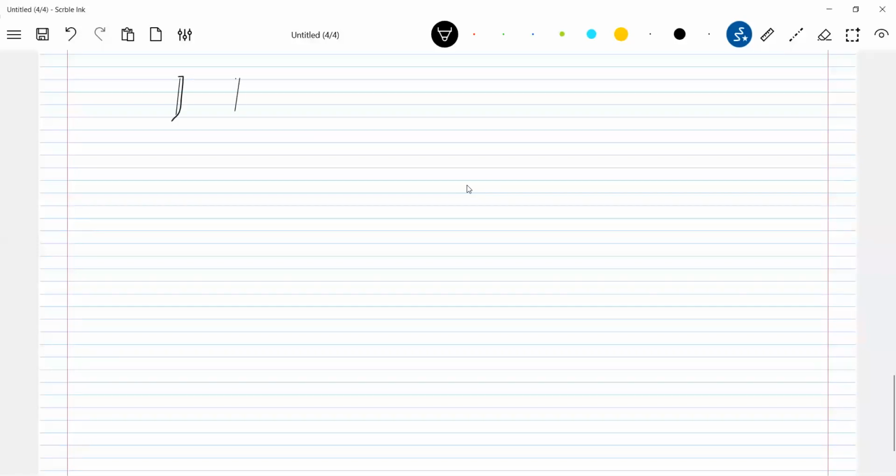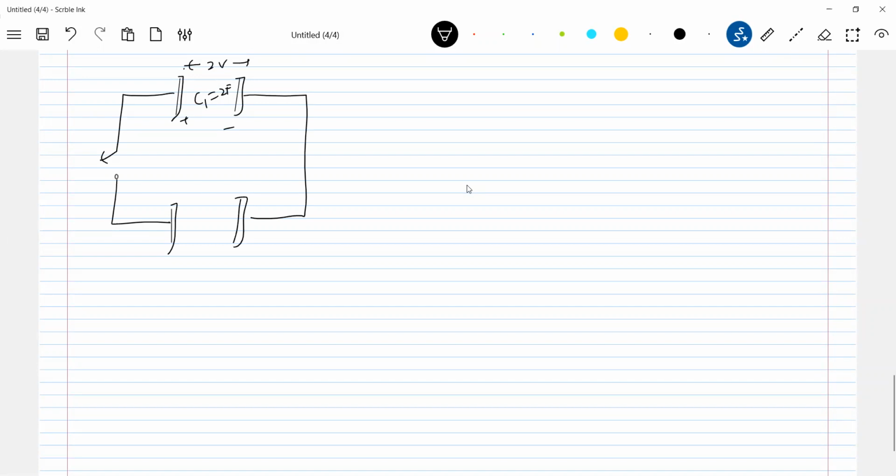There's one capacitor with 2 volt, capacitance say 2 farad. Let the other be 4 farad.